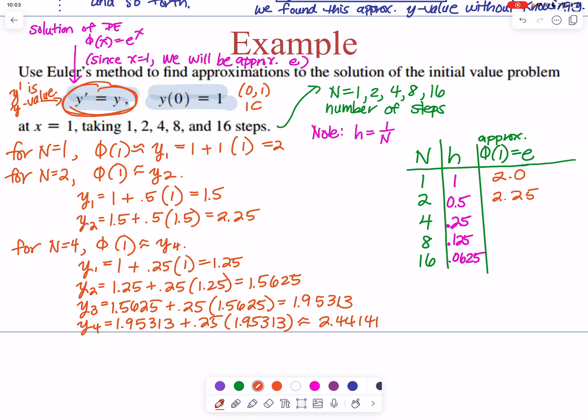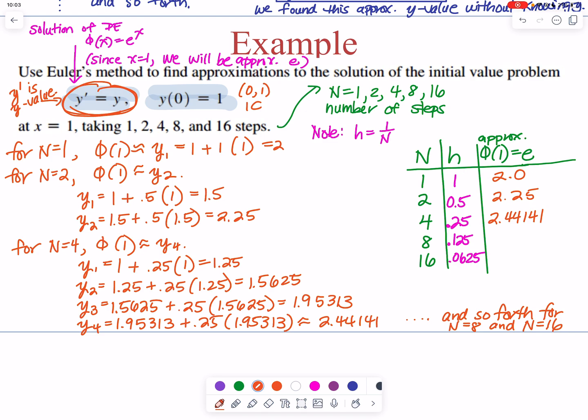And you can check these. That would be 2.44141. And so forth for n equal to 8 and n equal to 16, but I will give you those values.